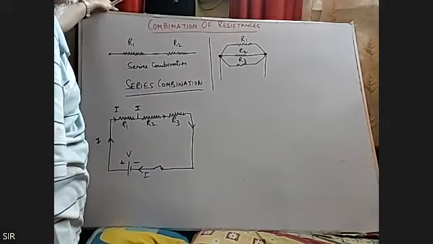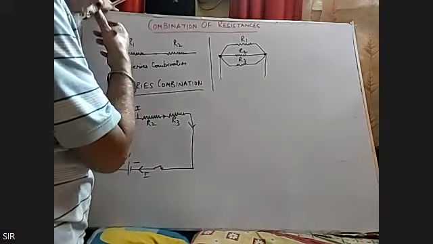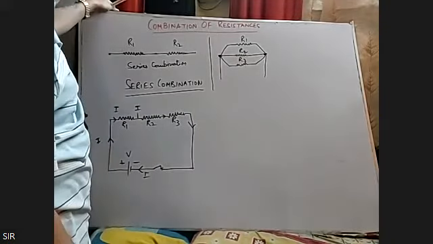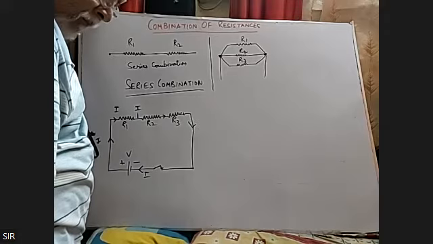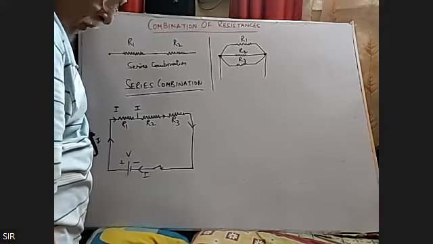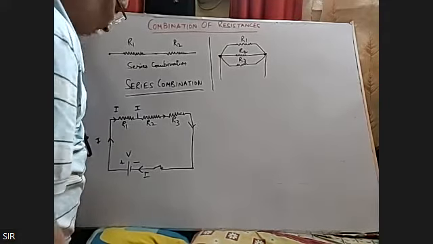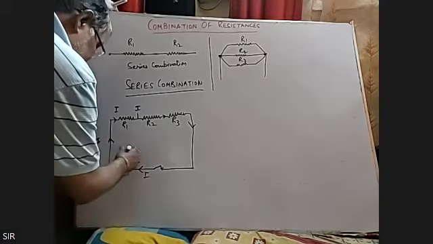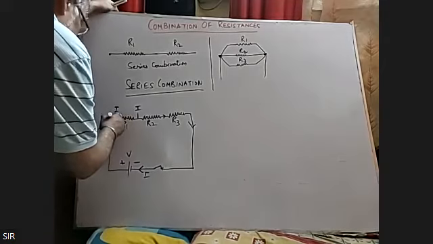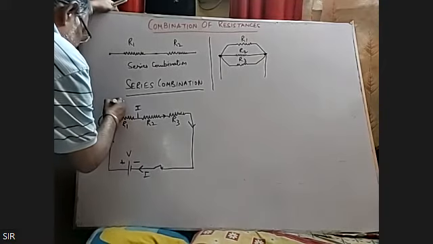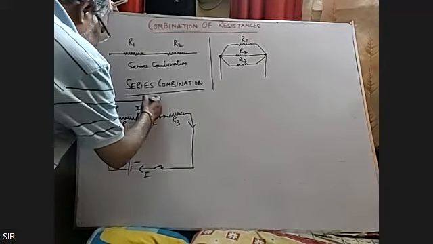In a series combination, the current through each resistance remains same. Clear? Yes, sir. Okay. Now, if this has a potential difference of V, there will be a potential difference of V here.